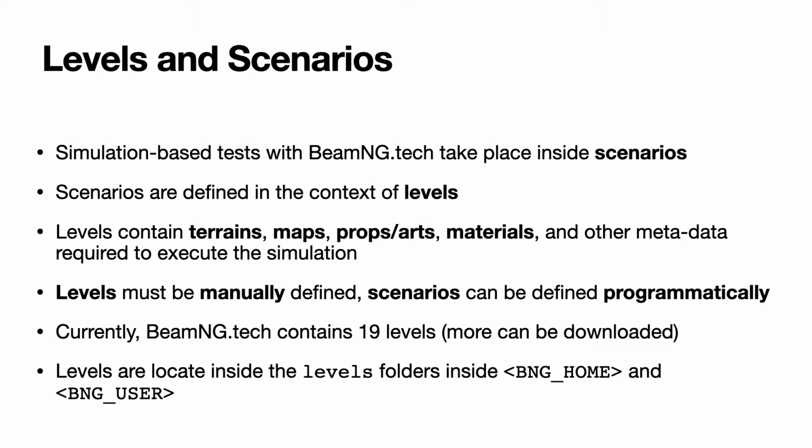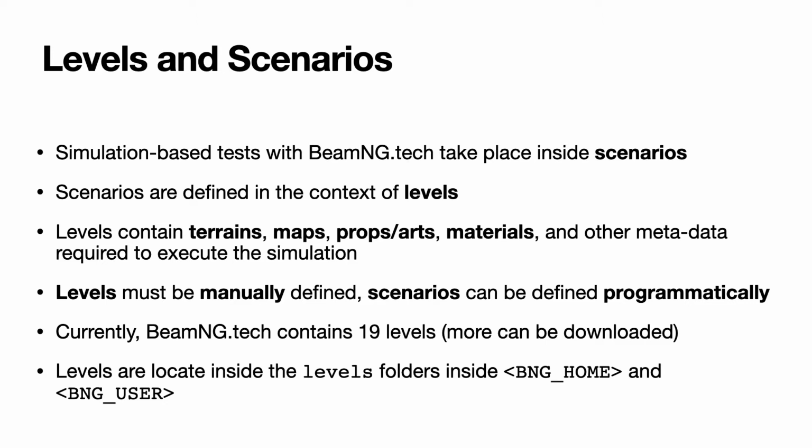Although scenarios can, and we will, be defined programmatically. So we can take existing maps, and there are 19 at the moment, very well defined. More can be downloaded, and you can also create your own manually. And then on top of those levels, with maps and all elements that can be used inside the simulation, we are going to create tests.